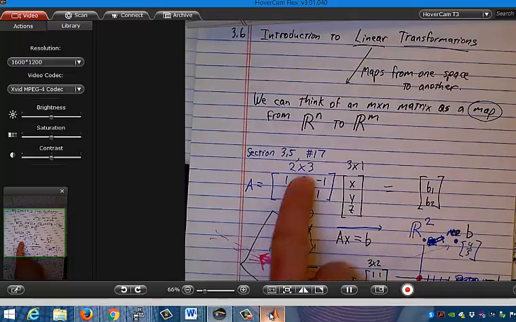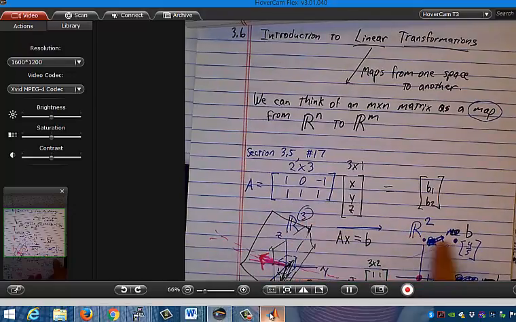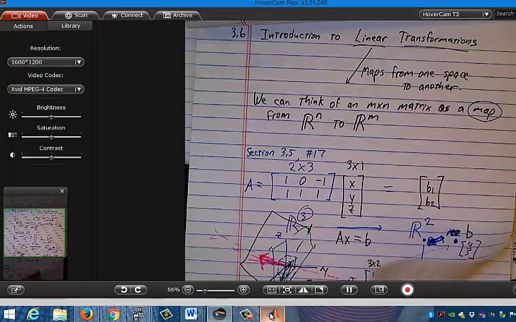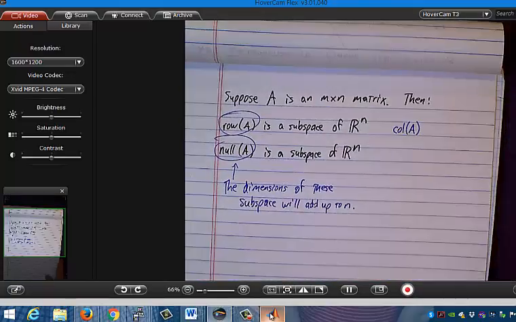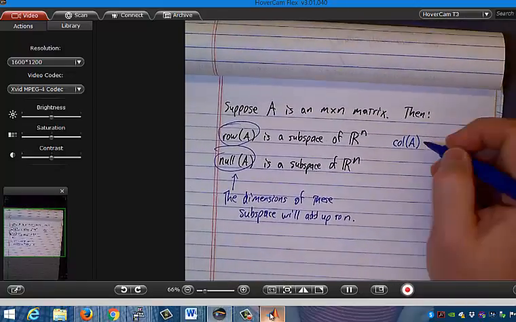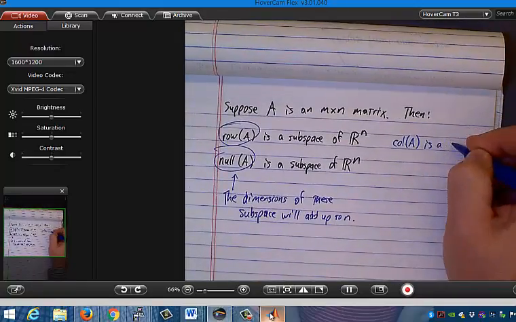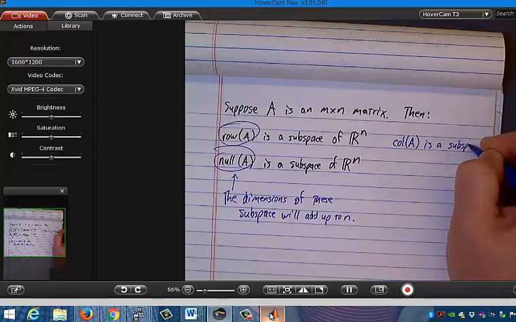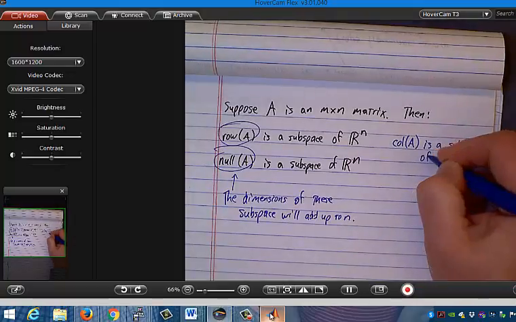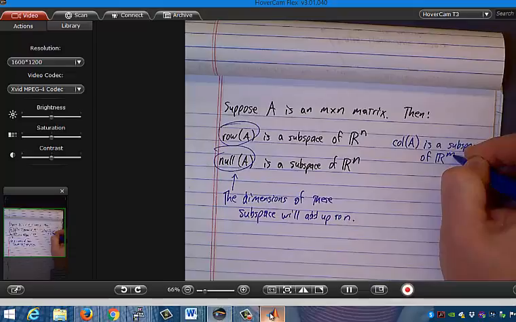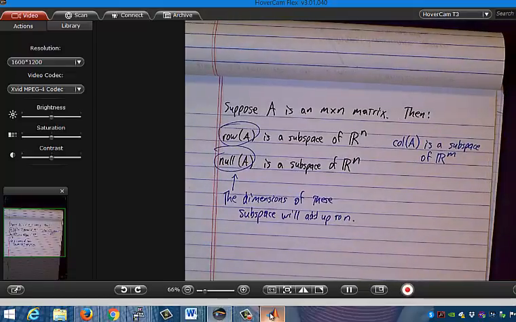See that? 1, 1, 0, 1, and negative 1, 1. Those all live over here. So the column space of A is a subspace of Rm.